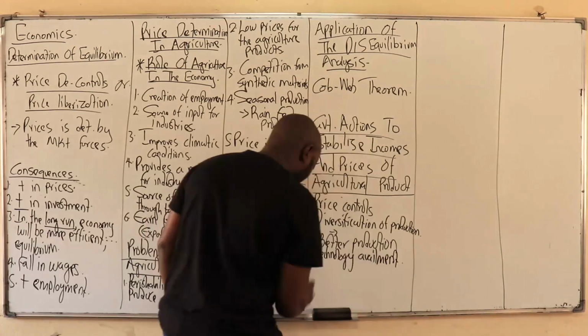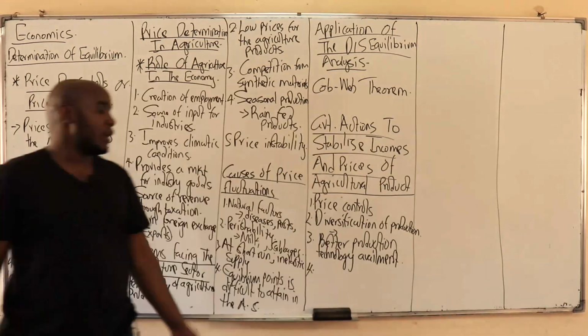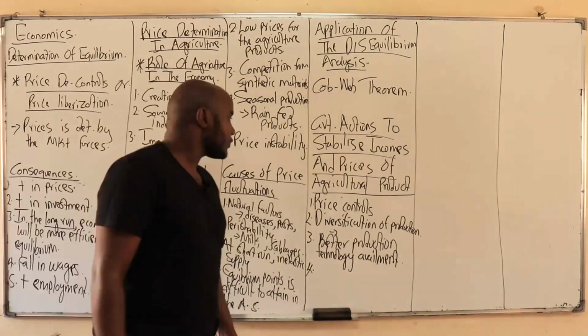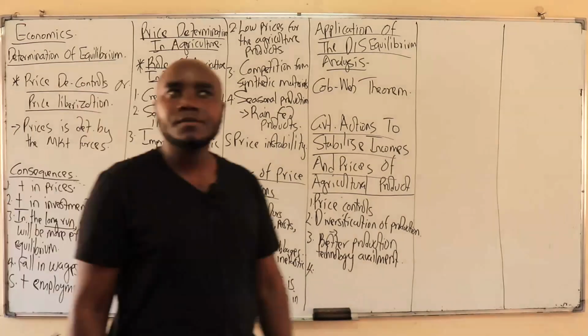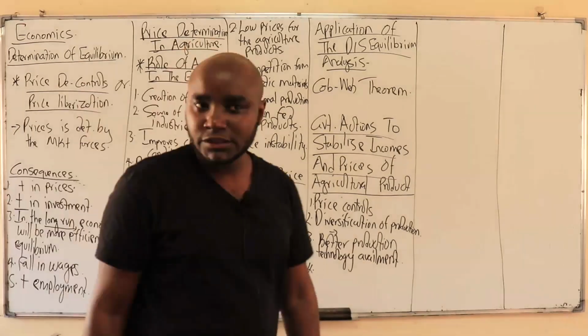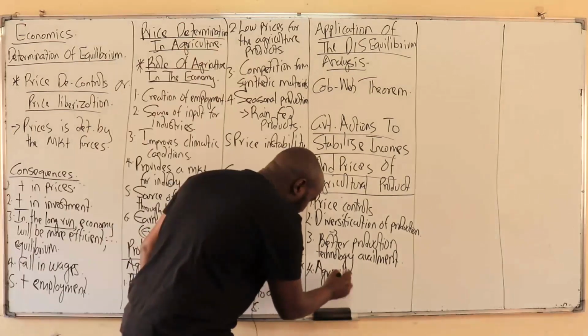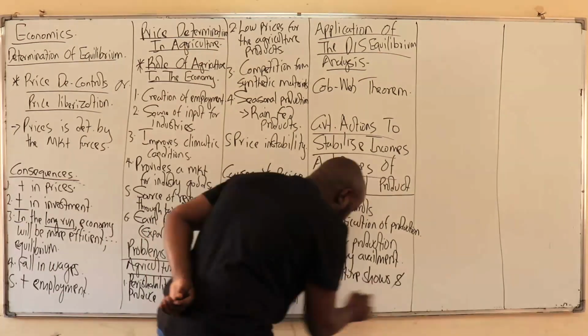So the government can try to avail better production, not just to stabilize incomes and prices. What about agriculture shows? It's not there in those notes. Agriculture shows and exhibitions.